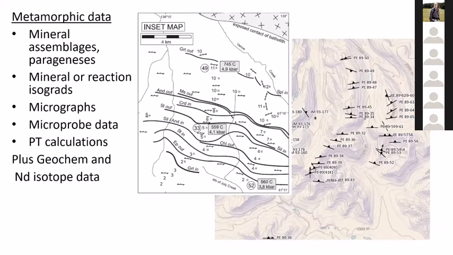StraboSpot would be ideal to show the density of sampling, and I could also draw on the isograds. On a paper map you're restricted to whatever scale you have, but on something like StraboSpot you can zoom in and work out the isograds in more detail, and maybe do some cross sections. So there's great potential.